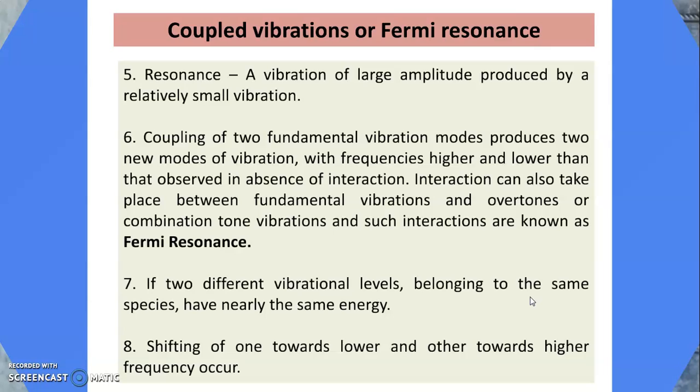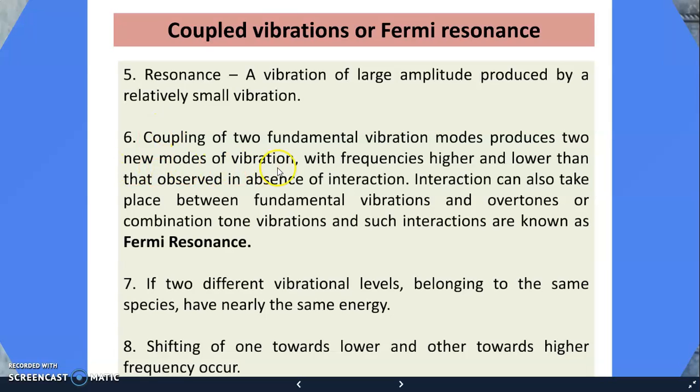But what is the meaning of resonance? Resonance is the vibration of a large amplitude produced by a relatively large vibration. It means a coupling of the two fundamental vibration modes produces two new modes of vibration with a frequency higher and lower than that observed in the absence of interaction.